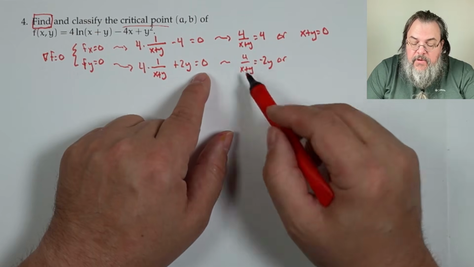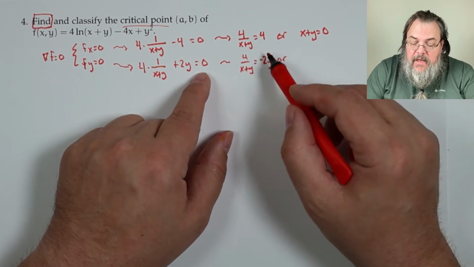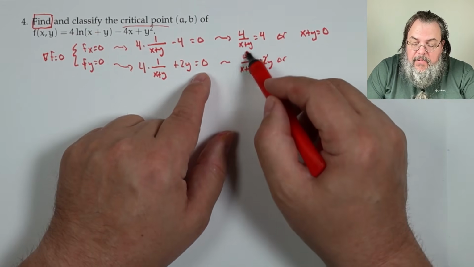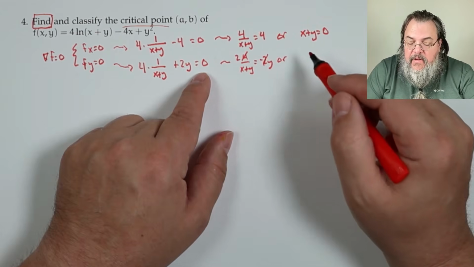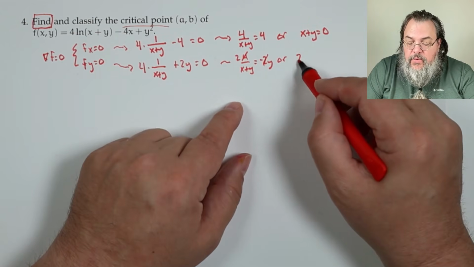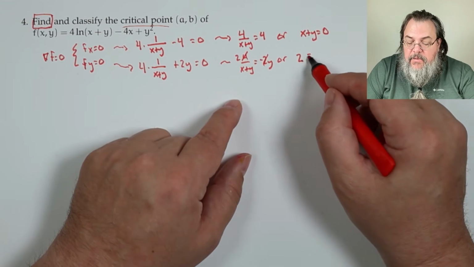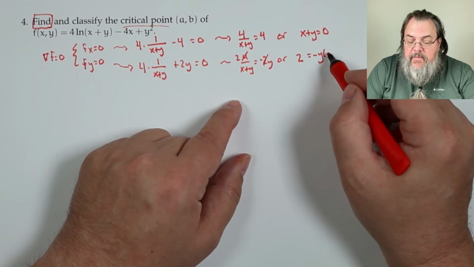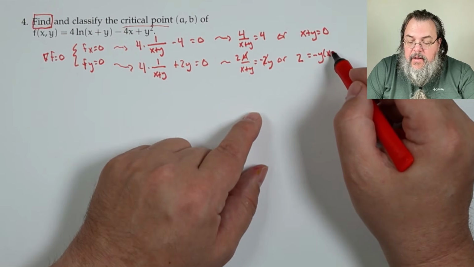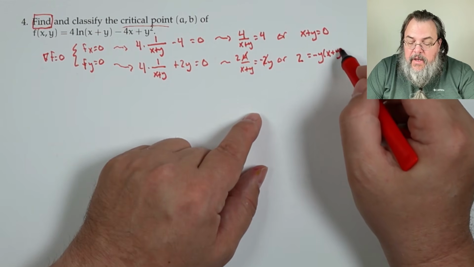Or, if we do some cross multiplying, and before we cross multiply, we'll cancel a 2 off both sides. We get that 2 is equal to minus y times x plus y.